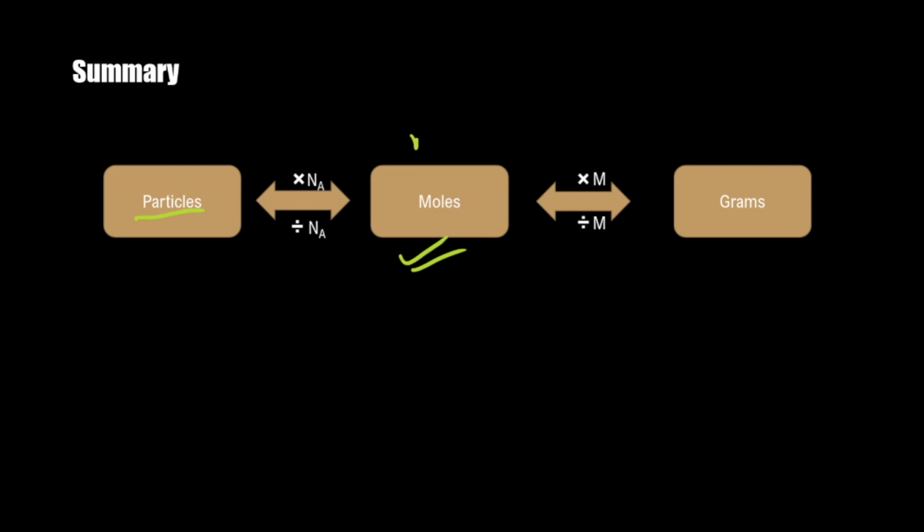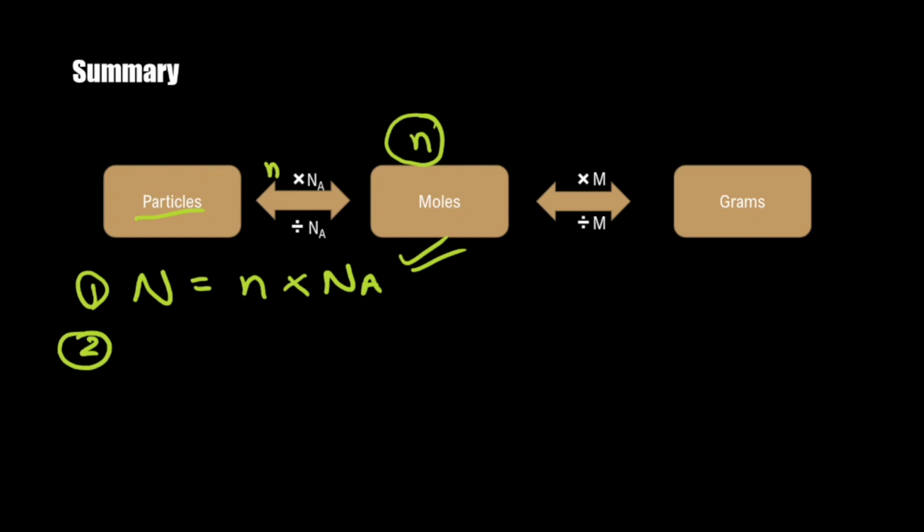If I represent moles with small n, you will multiply small n with Avogadro's number. So the first formula is, to determine the number of particles, molecules or atoms, let's denote that with capital N. So N is equal to small n, the number of moles, into Avogadro's number. So that is your first formula.